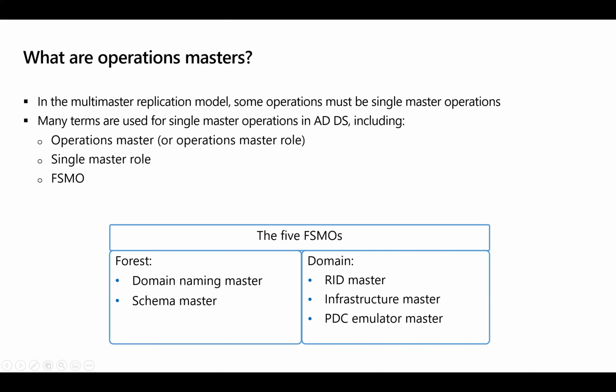Next is the PDC emulator master. If this one is unavailable or slow to respond, there will be problems in time zone and time synchronization. Hence, you will experience trust relationship problems.